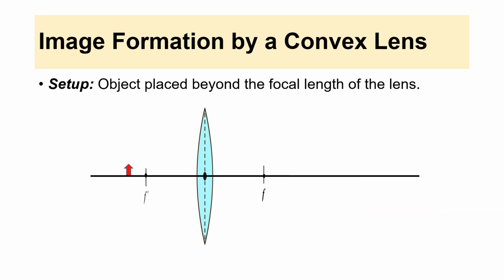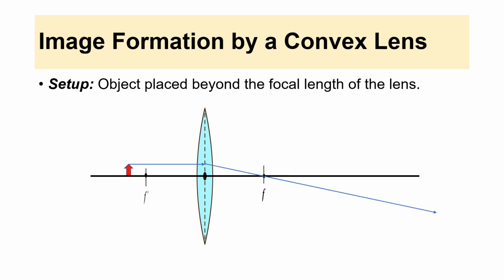Another example, the setup is object placed beyond the focal length of the lens. The same with the orientation of our first example, but we just move the object nearer to our lens. So again, the first step is to draw a parallel ray to the principal axis. It will refract toward the focus.